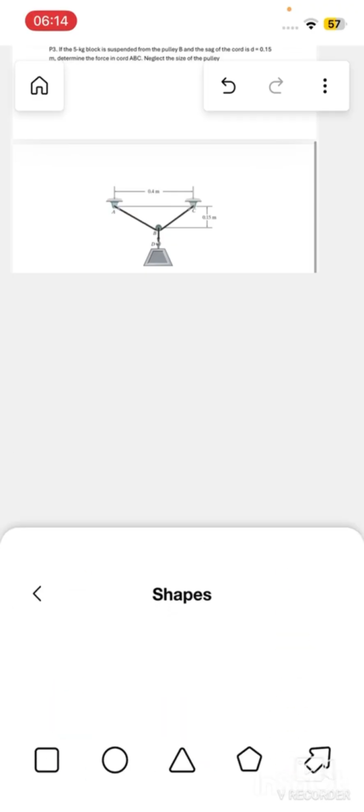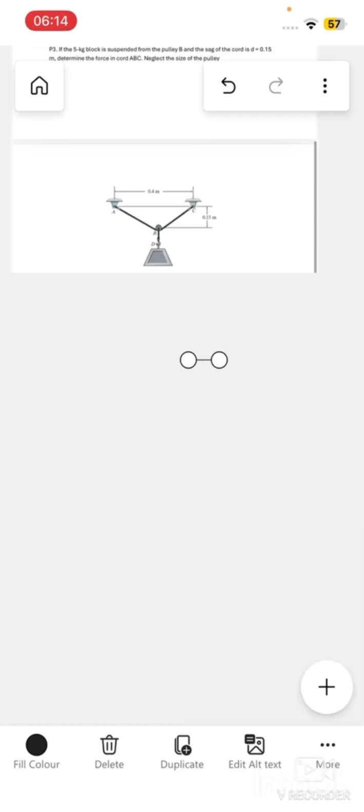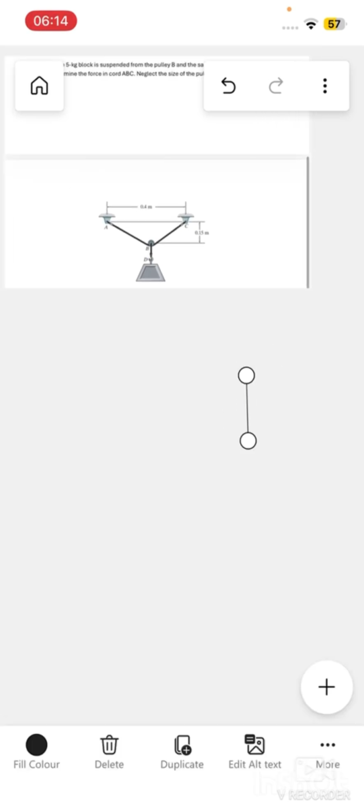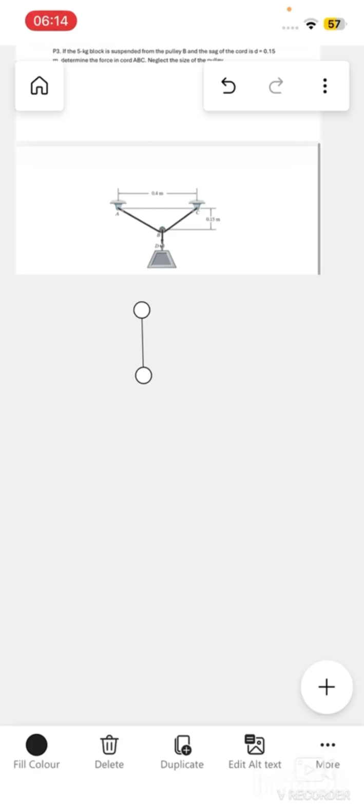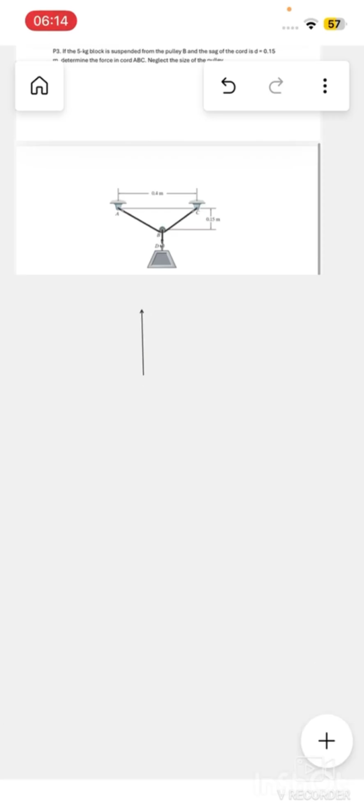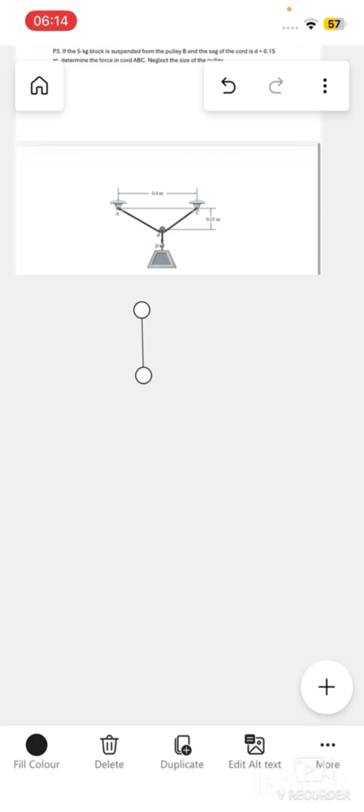So the first step that we need to do is to draw our free body diagram. This one we have to name it.